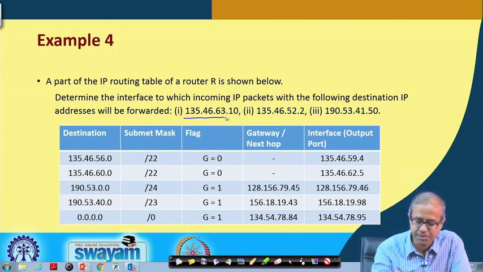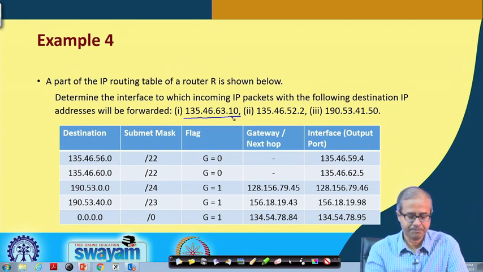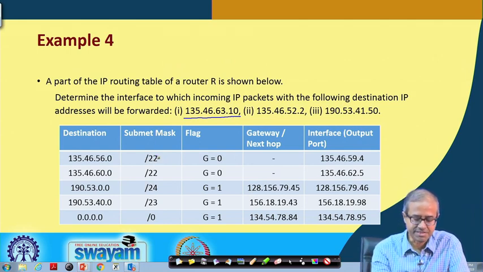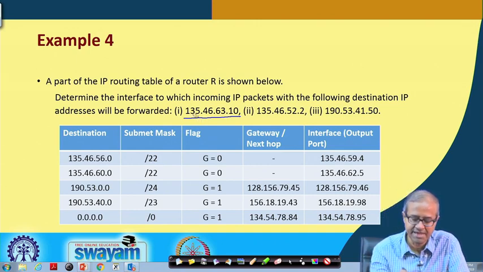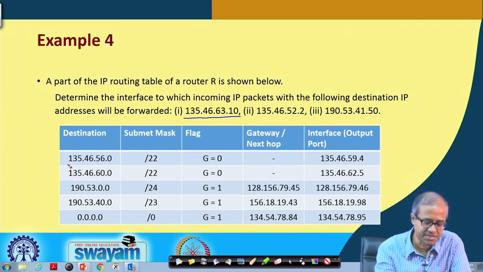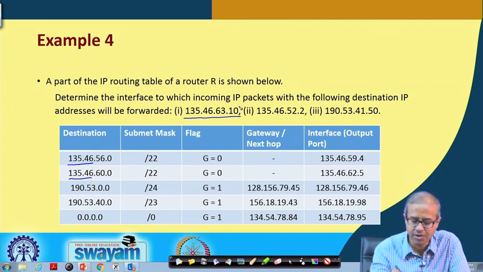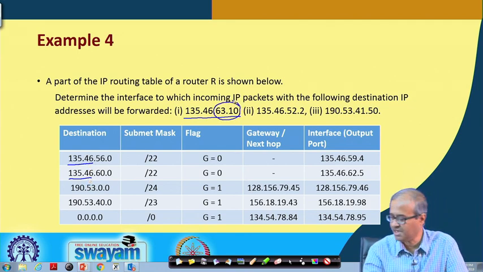So, let us see. For this particular address, what will happen? The subnet mask says how many bits are to be considered. So, 135.46, 8 and 8, 16. I am not worried about the first two, because 135.46 I can see the first two entries already have. I only look at the last two, 63 and 10.